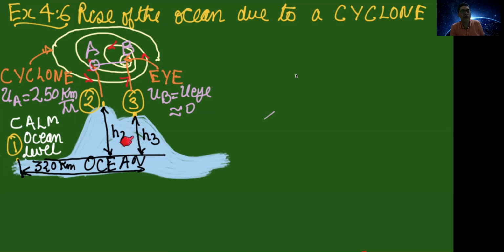So in an ocean, if the pressure is uniform, then the level of the ocean is uniform. However, note that the dimension we are considering is in hundreds of kilometers.